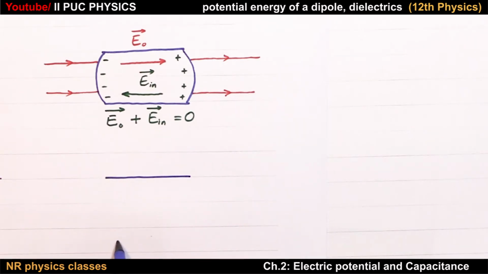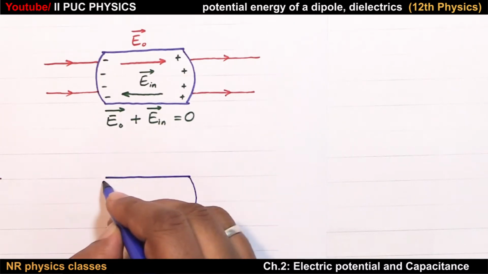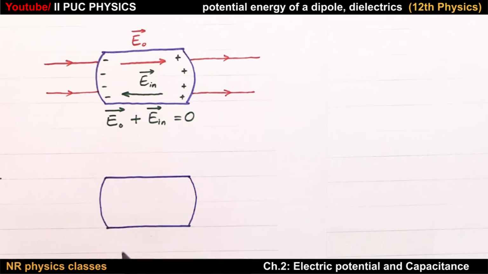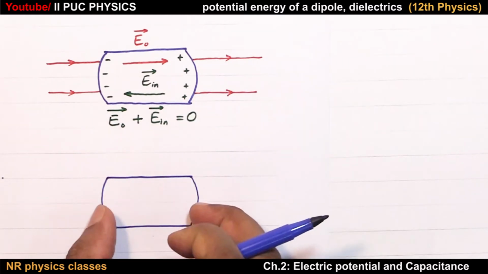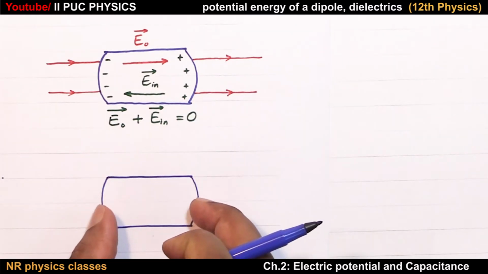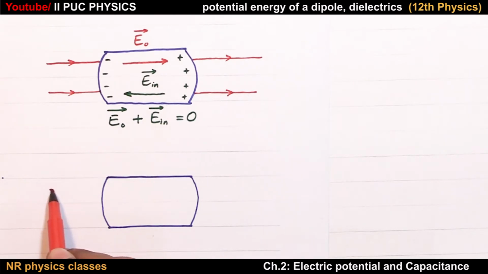Let this be a dielectric. Dielectric means insulator: plastic, glass, mica, paper. So we can get many dielectrics. So let this be a glass piece. This is the external electric field.